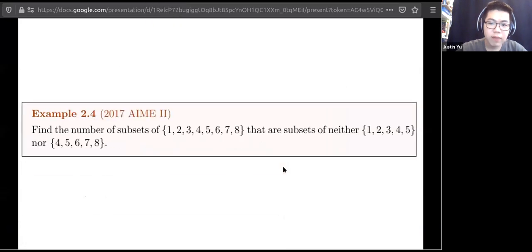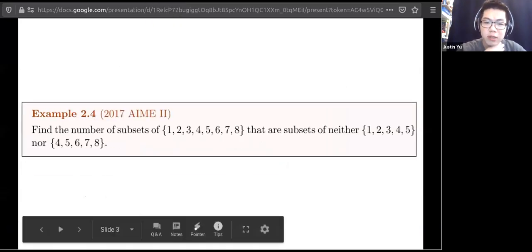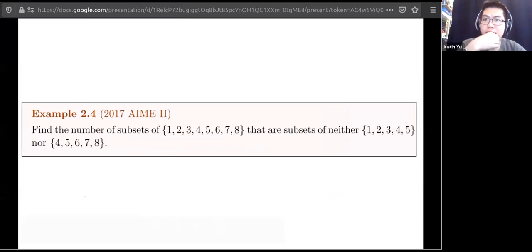So to finish, we're gonna do this problem. It's an AMC problem, but it's actually not that bad. Stare at it for minutes. And then we'll solve it.